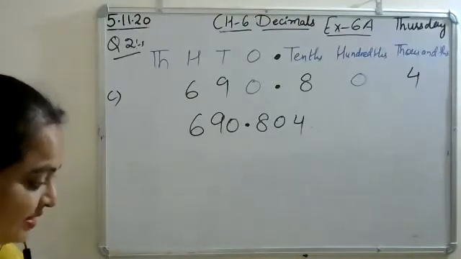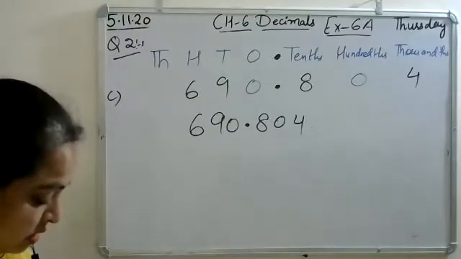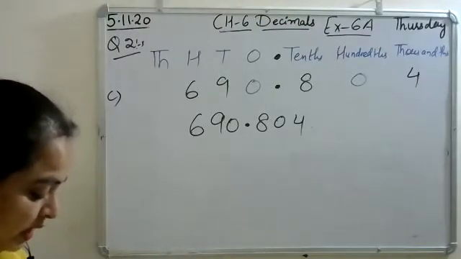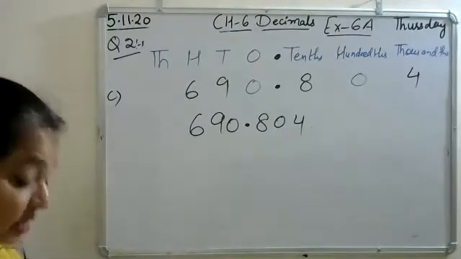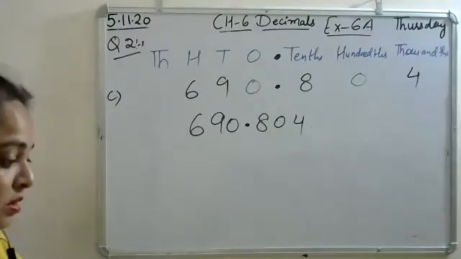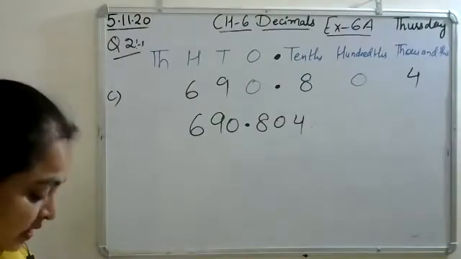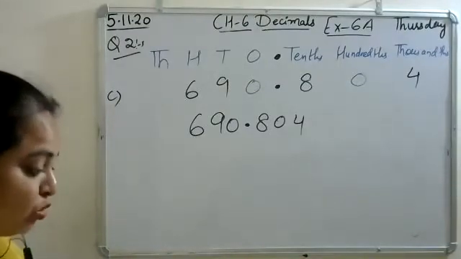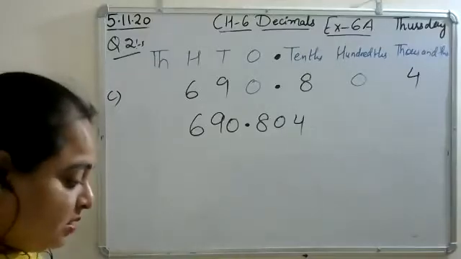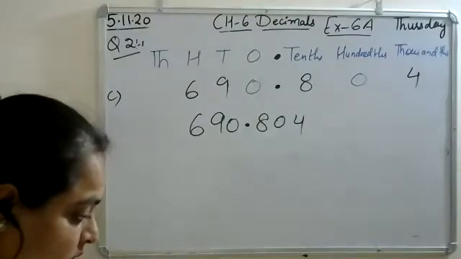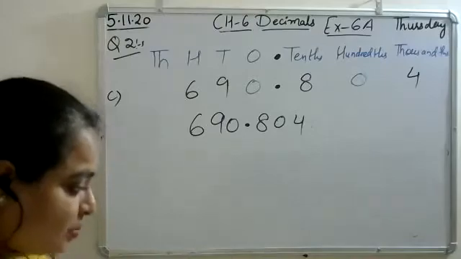Write down, then we will start third question. Convert the following into decimals, like decimals. In fourth class, you have done the concept of like decimals. You know what is the meaning of like decimal? Yes, Bhavya?